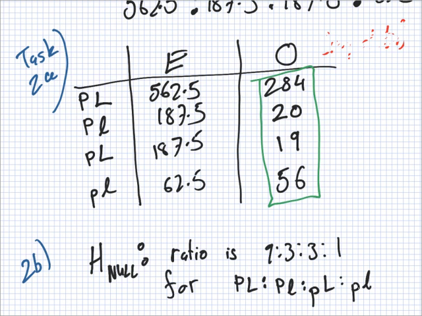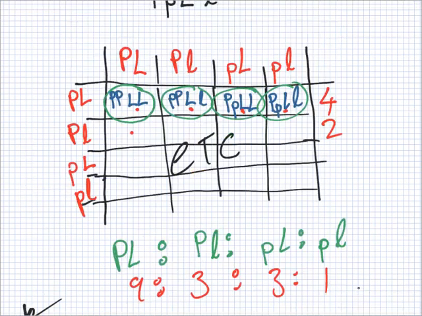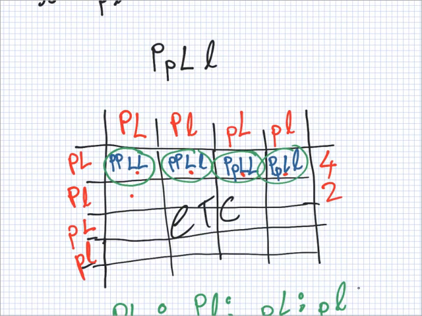Now, you can look this up if you want to put some biology in it. You might want to research why the ratio should be this. Well, we got the ratio from the Punnett square, but we're making certain assumptions about this Punnett square in biology that turn out not to be accurate. It worked for Mendel when he did it with the peas, but when you do it for other situations, it turns out not to be true.